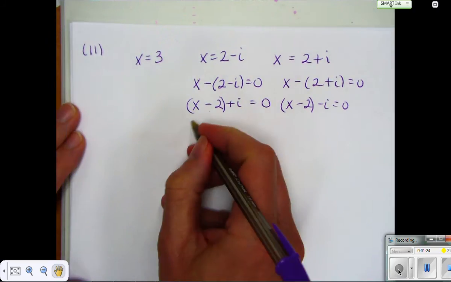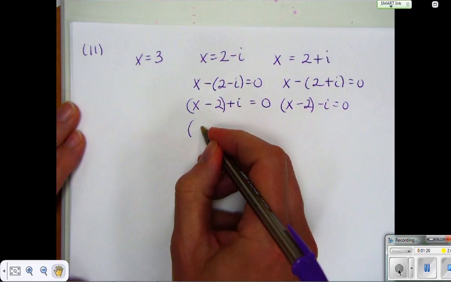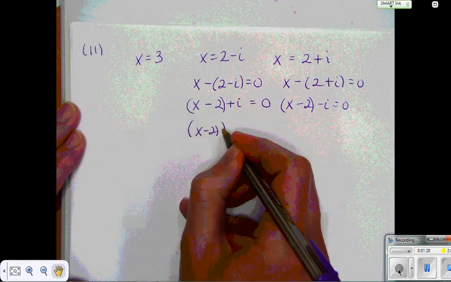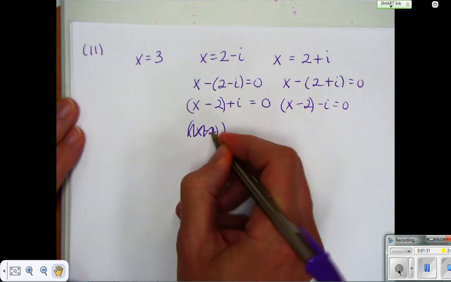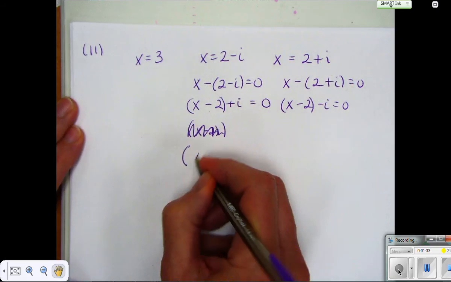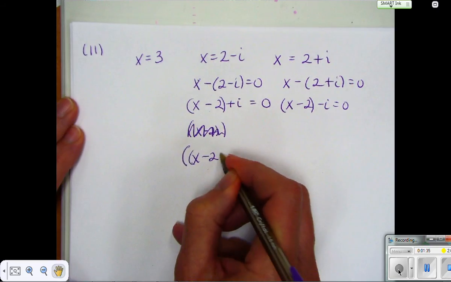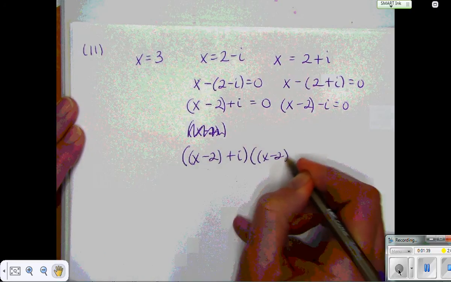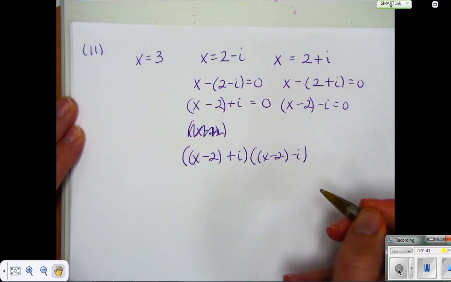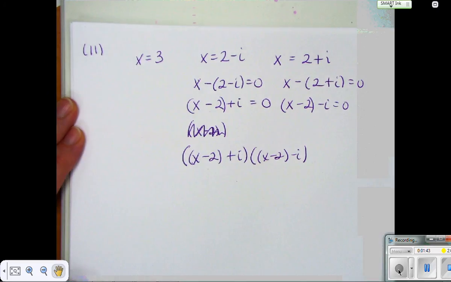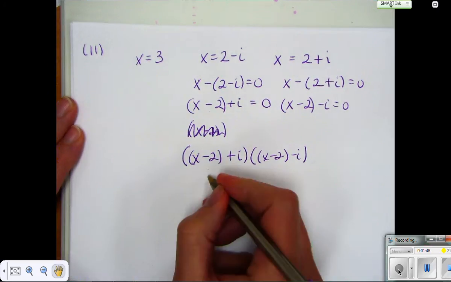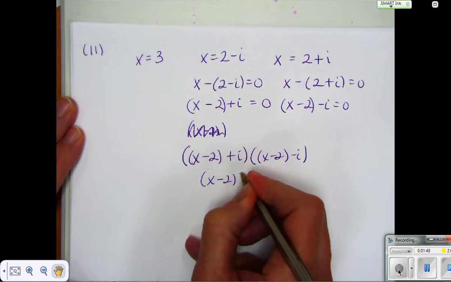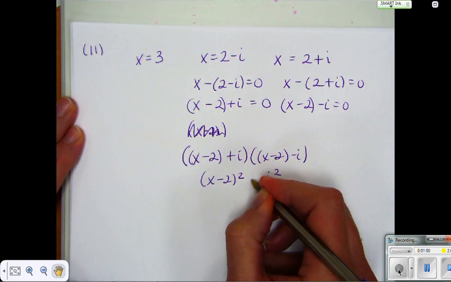Okay, so when I multiply those two factors together, let me start that over. I got x minus 2 plus i times x minus 2 minus i. Remember your shortcut for multiplying conjugates. We're going to square the first term, which is x minus 2, square the last term, and subtract them.